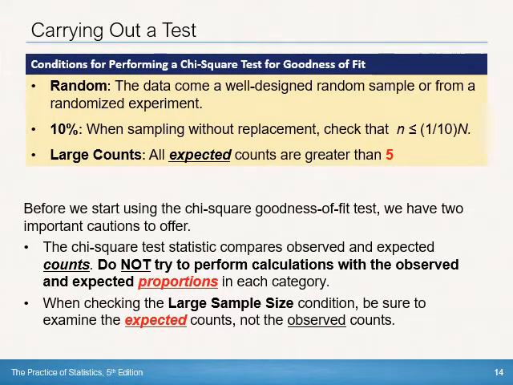Make sure that when you're doing calculations, we're using observed and expected counts only. We're not using proportions. We're not using any kind of p-values or p-hats here, strictly using counts. And a common mistake people make in the large count condition is using observed rather than expected. You must use the expected values, not the observed values from the sample data.